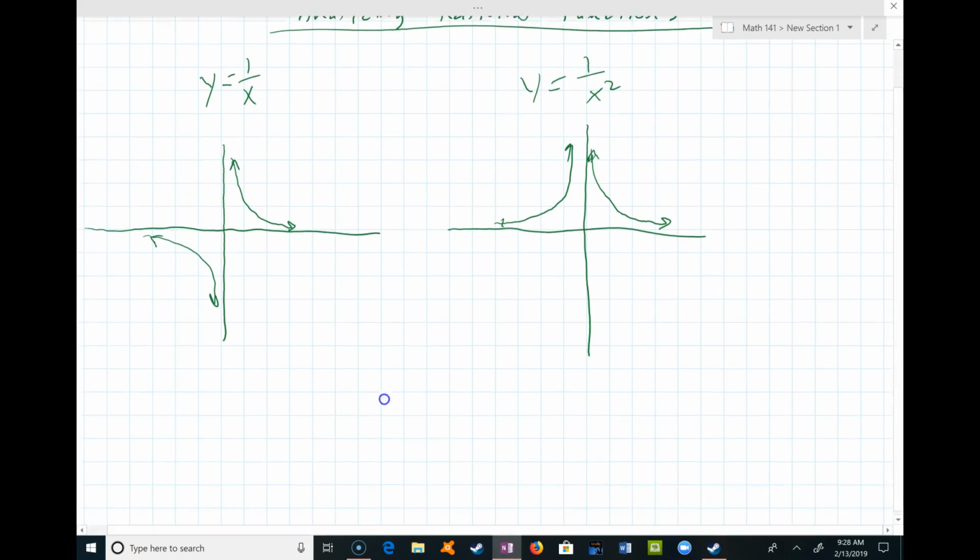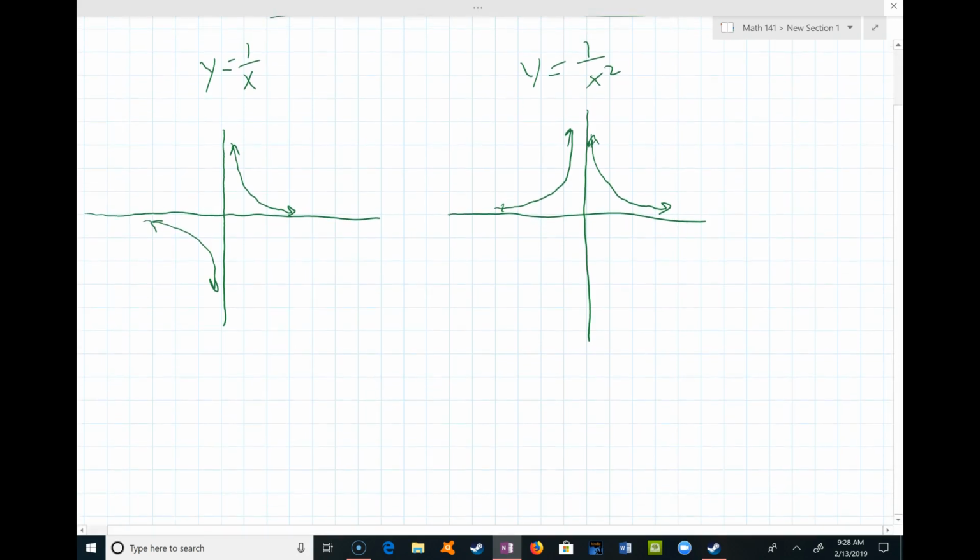So notice about y equals 1 over x, the asymptote is at 0, and notice that's what makes the bottom of the fraction 0. So in other words, 0 is a root of the denominator of this fraction. Same thing over here. 0 is a root of this fraction.